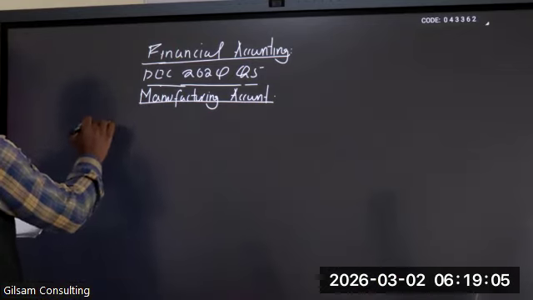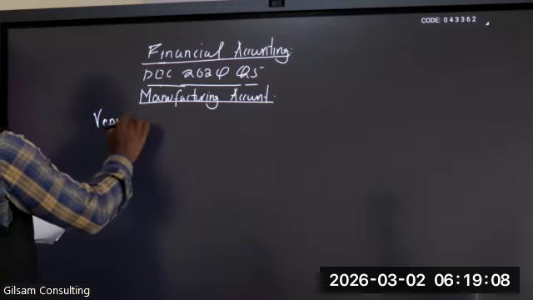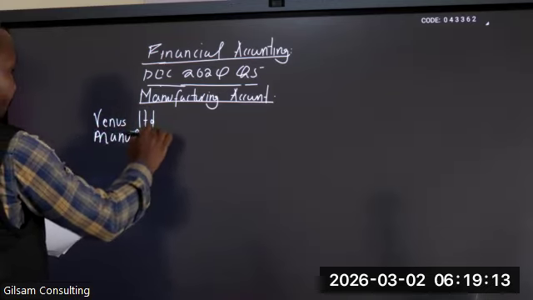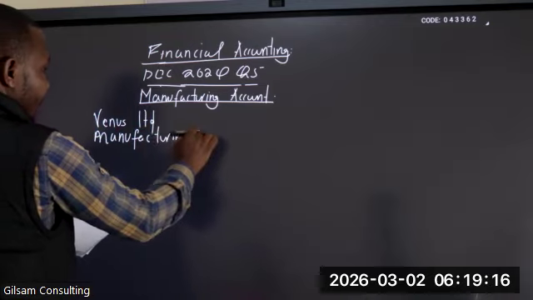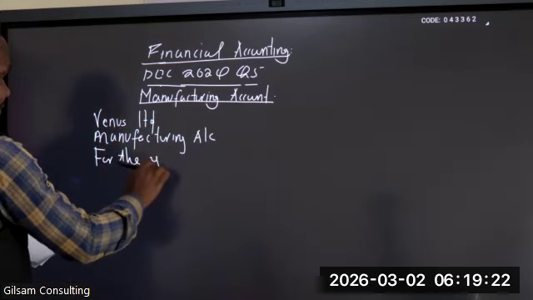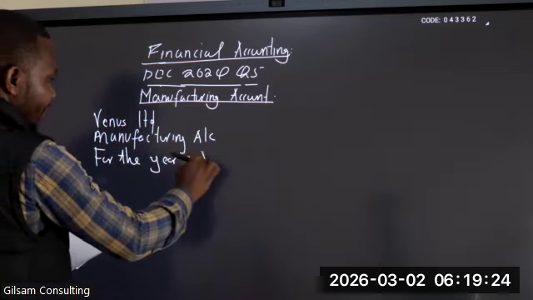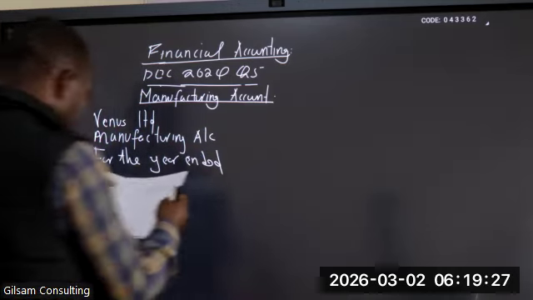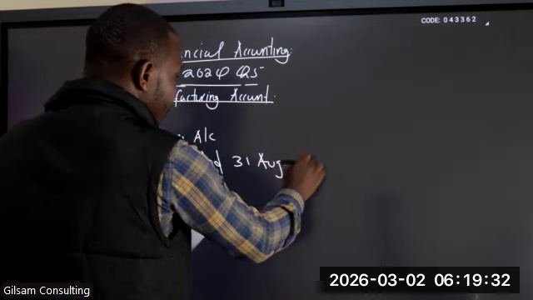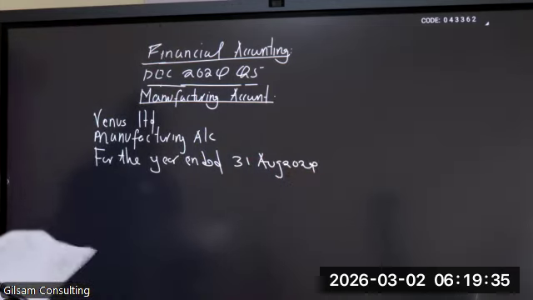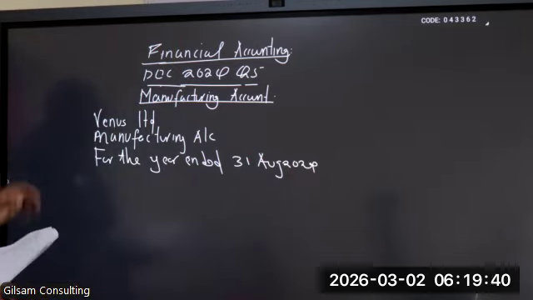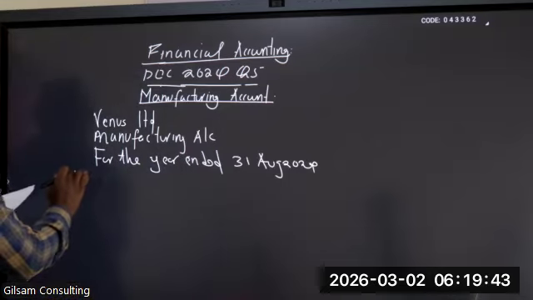We start by writing the name, Venus Limited manufacturing account for the year ended 1st August 2024, which we start with direct cost.